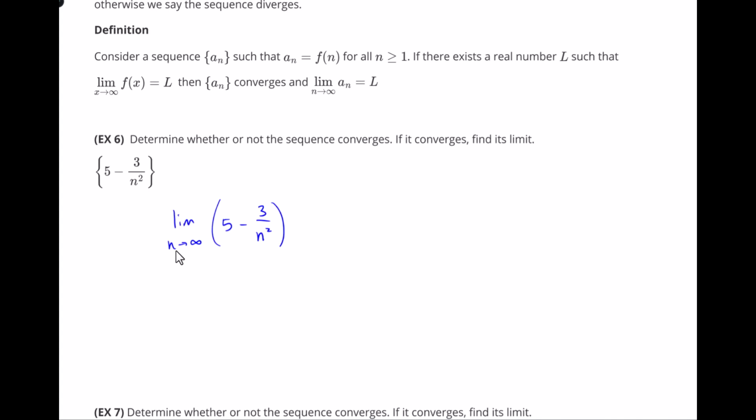Since we're doing a limit as n goes to infinity, if L'Hopital's rule applies, you can absolutely use L'Hopital's rule to evaluate these things. You can also use rules involving rational functions.